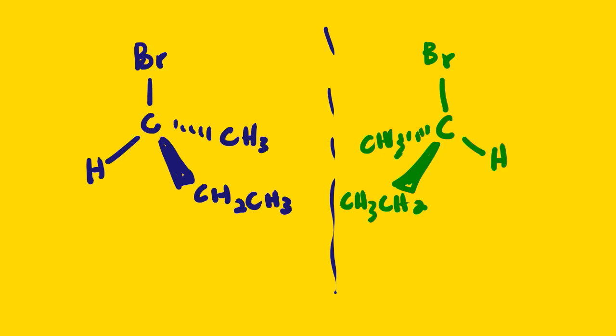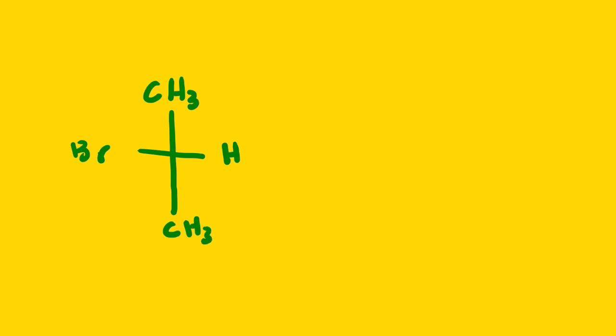And then looking at the Fischer projection, this is another way to draw or represent these molecules. There is a lesson video whereby we talk about this. So we have Br, we have hydrogen, and then we have our ethyl here.